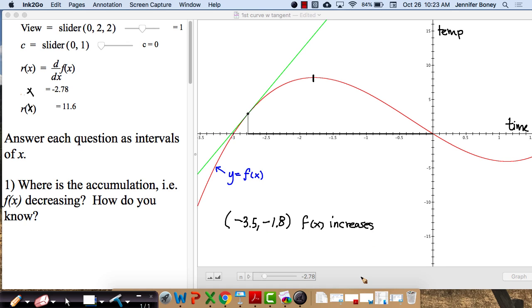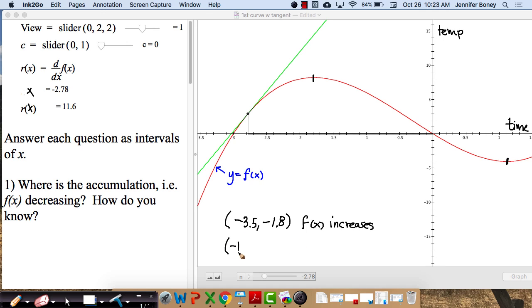And then it decreases for a while, right? My temperature decreases from this negative 1.8. It keeps decreasing until I get to about here, 1.1.